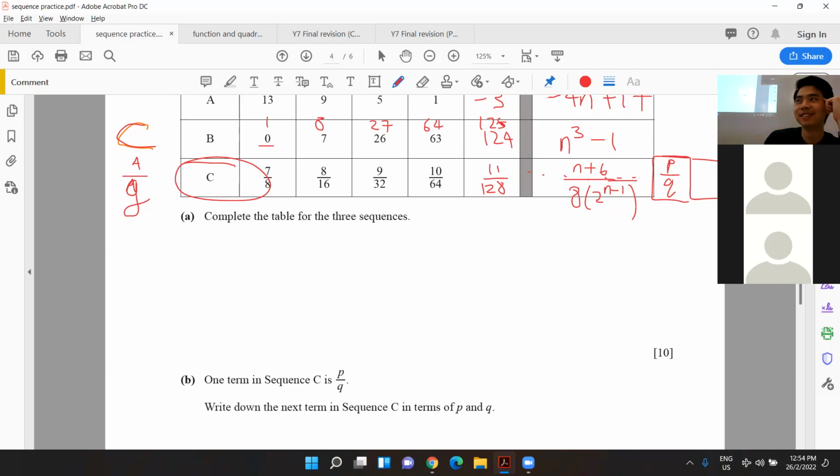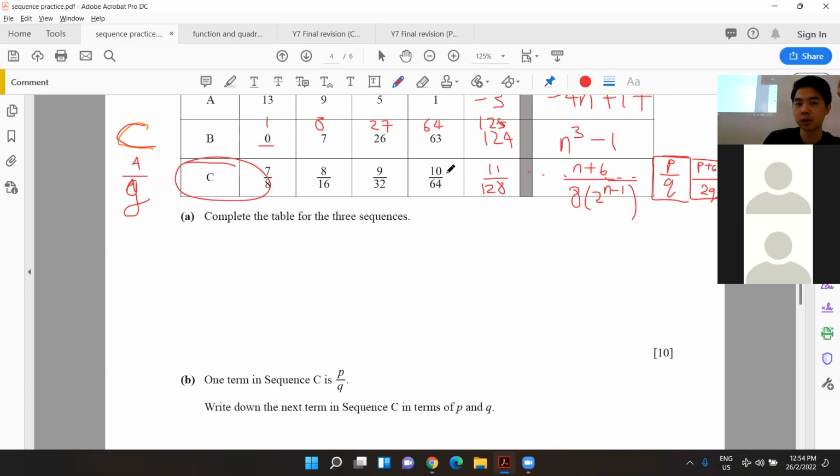It's just an algebraic question only. The next term is going to be P plus 6? Sorry, not plus 6, it's plus 1. At the bottom, it's going to be 2Q, because after that the Q has to times 2.